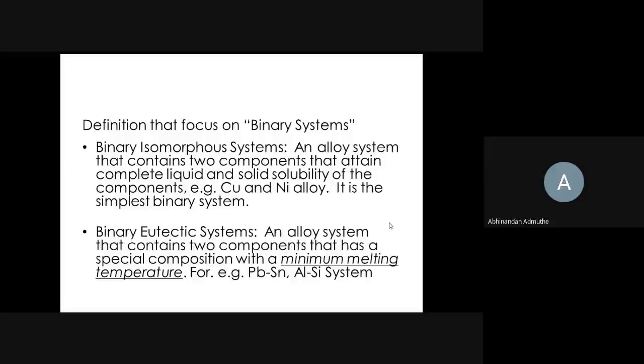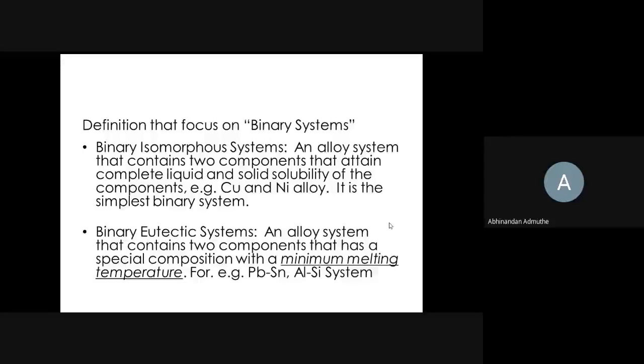If you add silicon into aluminum, what will be the melting point of this aluminum silicon alloy?